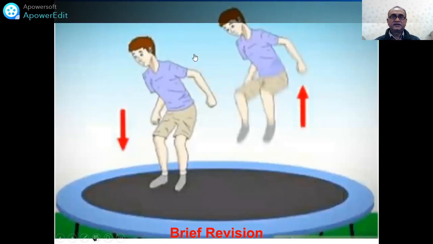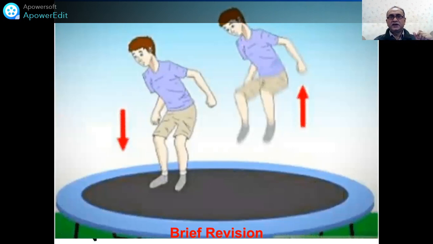Then we did this yesterday, that weight or downward pull, like the weight of this guy who is jumping. The weight of this boy can be balanced by stretching a surface, right? This is the main extract.